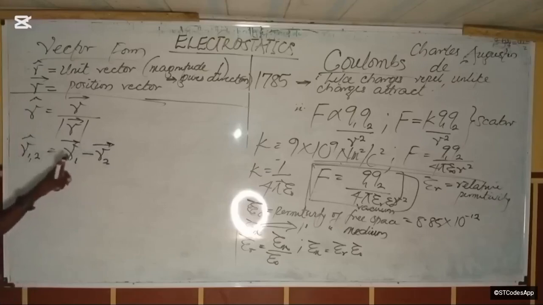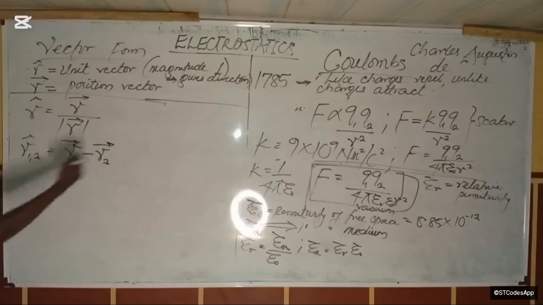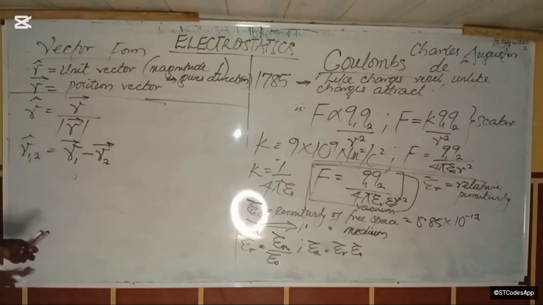If I'm not giving a value for R, then R will be my origin, which means it will be 0 minus R2, which is the distance I cover. This is the actual mathematical way we solve for it.